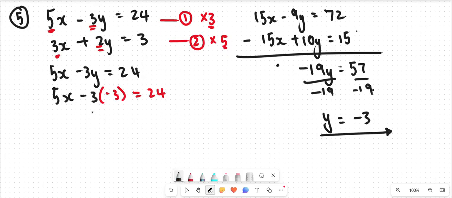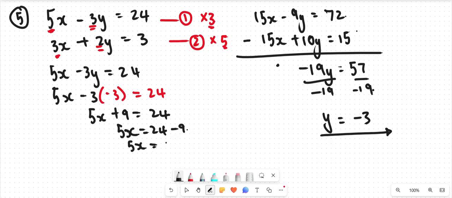And you just do some algebra there. 5x with the positive 9 is 24. Take the 9 to the other side. You get 24 minus 9, and that is 15. And divide by 5, divide by 5. So x is equal to a positive 3. So there we go. This is my y value and this is my x value.